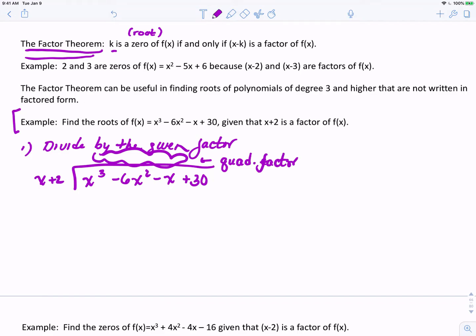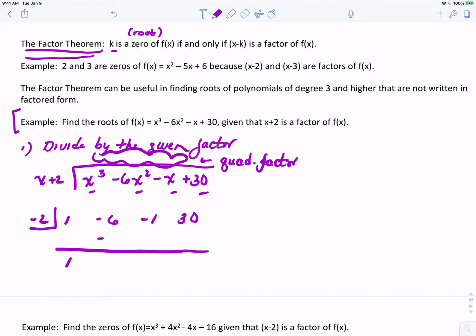So we can either divide with long division or we could divide synthetically. Notice that x cubed, x squared, x, and a constant, all the powers of x are there, so it might be easier and faster if we use synthetic division. But you could also use long division if you would prefer.